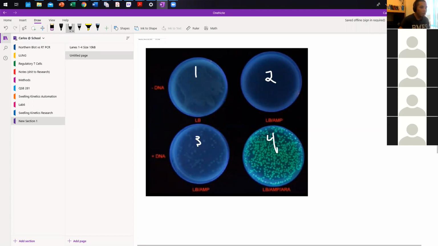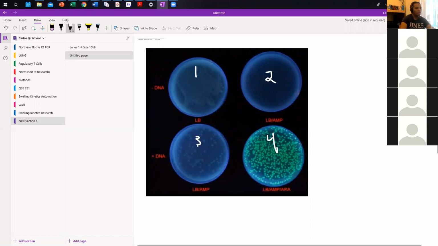So you want to see how the expression of GFP is regulated with arabinose. So on top of this providing extra nutrients, it also regulates the expression. So this one could express the green protein, it expresses the ampicillin resistance, but it doesn't express the fluorescent gene, the GFP gene, green fluorescent protein, because there's no arabinose.